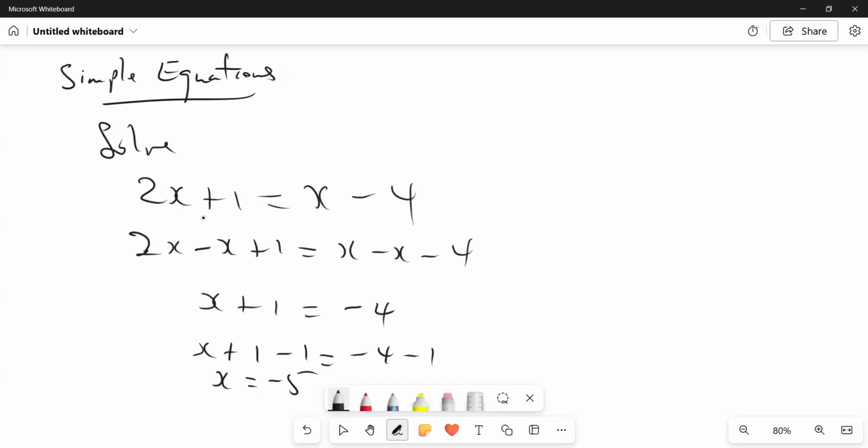All right, yeah. So I was saying you have x on both sides here. Both sides of the equation have an x. One strategy is to get all the x's on one side and all the constants on the other side.